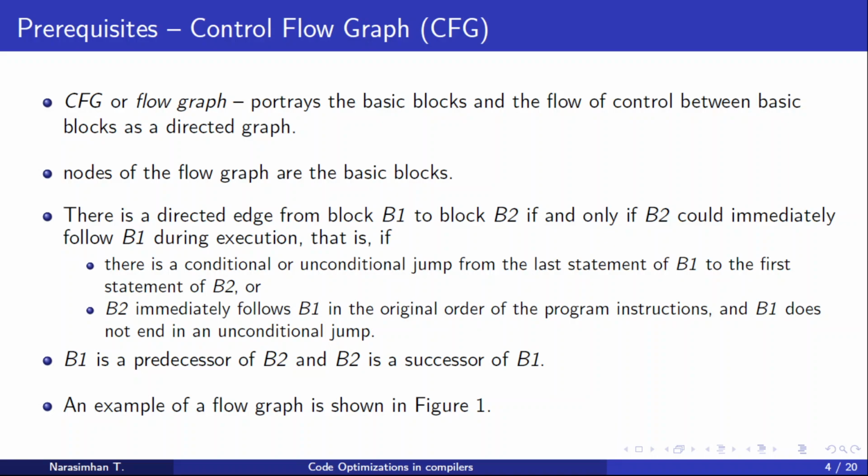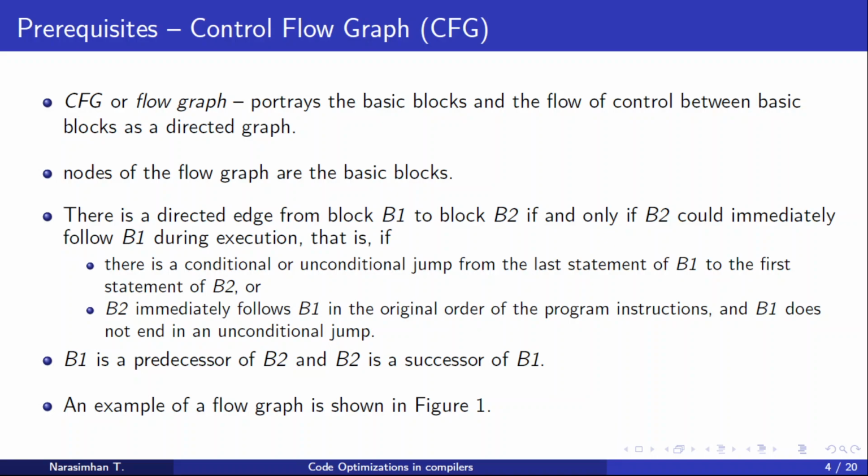Now the second case says B2 immediately follows B1 in the original order of program instructions, and B1 does not end in an unconditional jump. So the first statement of B2 follows the last statement of B1 in the original order of the code, and also the last statement of B1 is not a jump instruction.